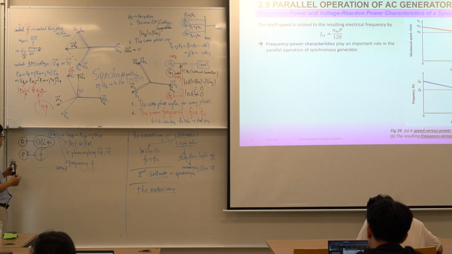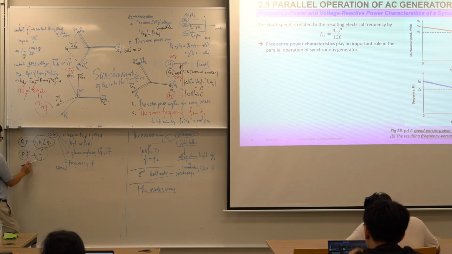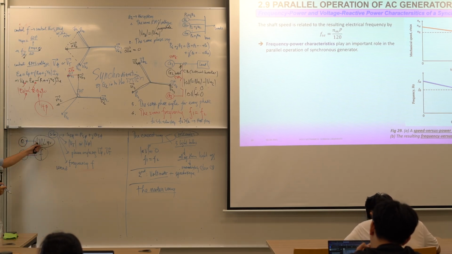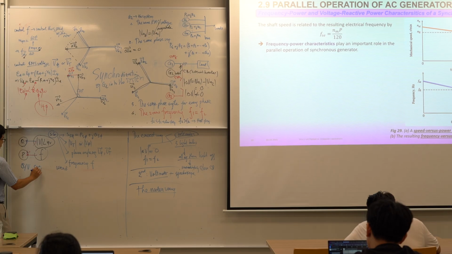For master program, we need to analyze why we have the relationship between P, V, F, and Q. But for undergraduates, you just get two relationships: the P-F curve and the Q-V curve.